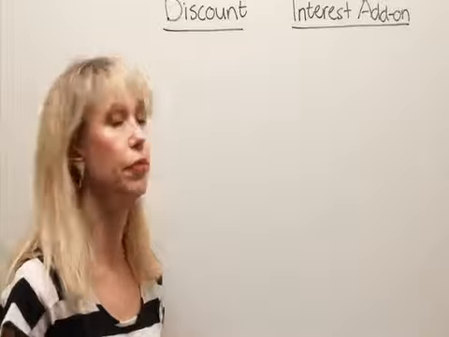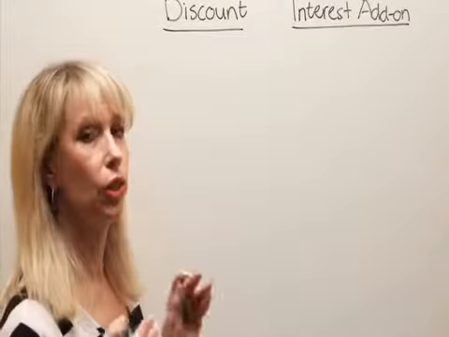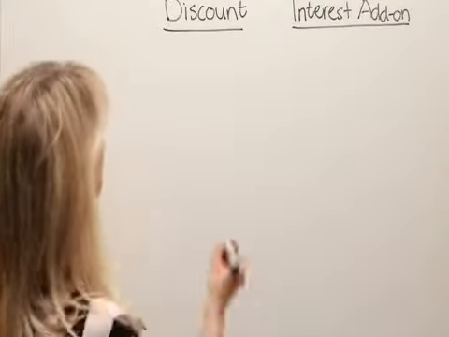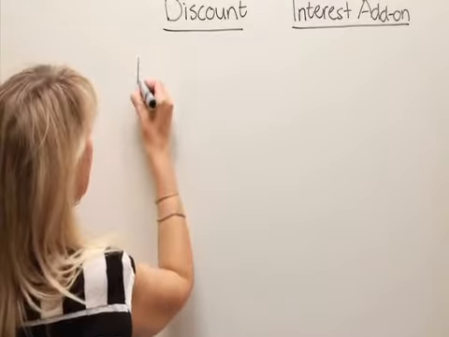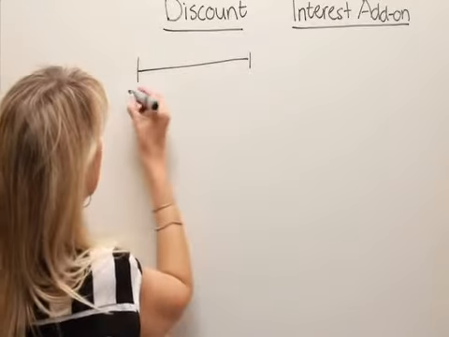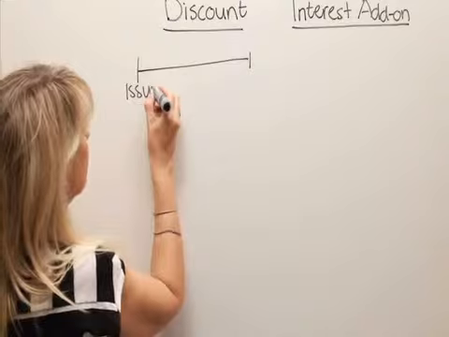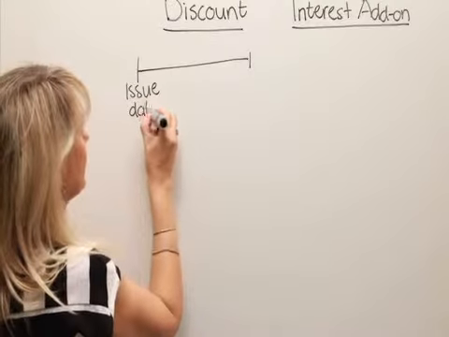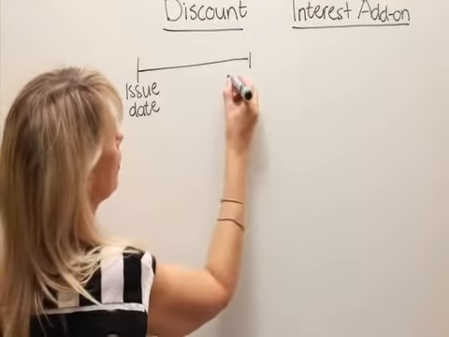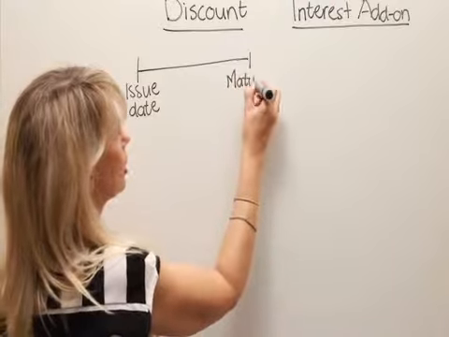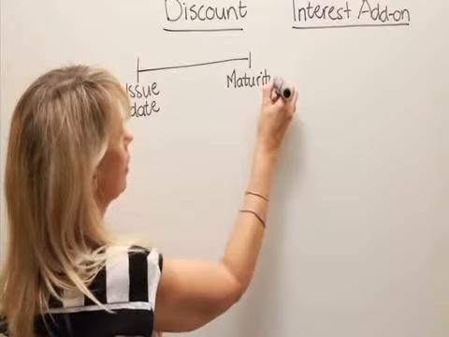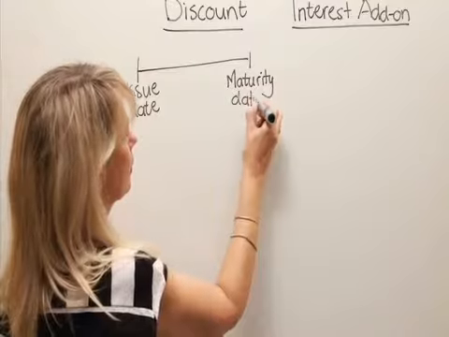Right, now as we've said, both of these are money market instruments, so they are short-term instruments. Both of them will be issued at a certain value, so there will be an issued date, and there will be a certain date at which it will mature, and we call that the maturity date.